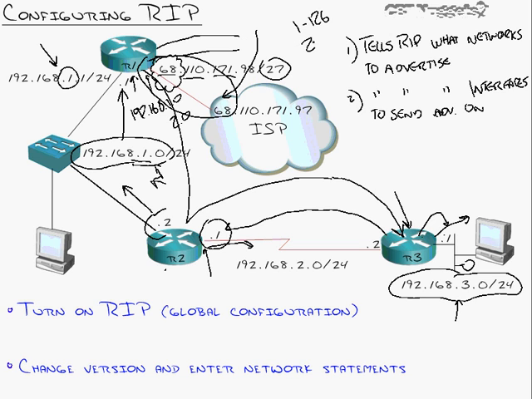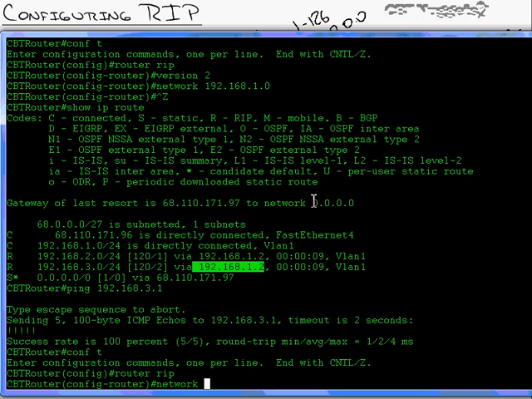And class A addresses have the default subnet mask 255.0.0.0. So when I type in my network statement, I need to type it in as network 68.0.0.0, as if it was a class A address back in the 1970s before we did any subnetting on it at all. What that tells RIP is to advertise any interface that starts with the number 68 into the process.